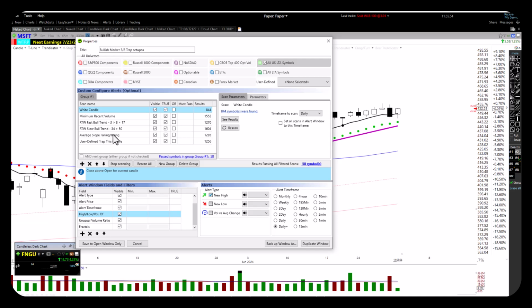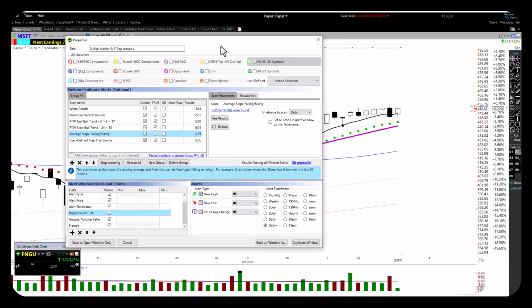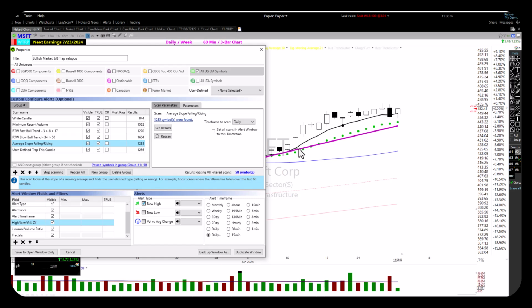So this is an alert that Ed did for me about 10 days ago or so. I called him up and asked him, is there a scan for the linear regression? And there's not. He thought about it for a minute and came back on.